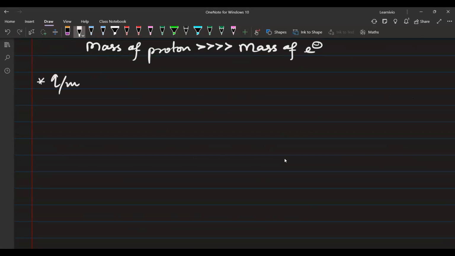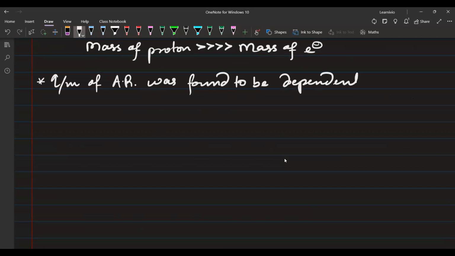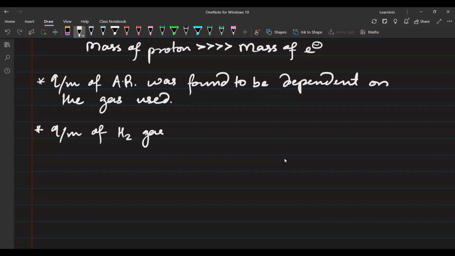The charge to mass ratio of anode rays was found to be dependent on the gas used. It was also found that the charge to mass ratio of hydrogen gas was found to be maximum.